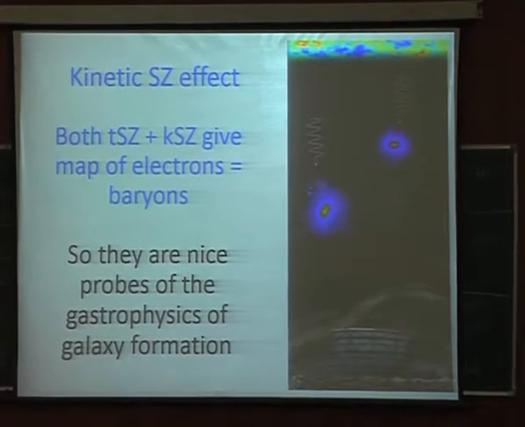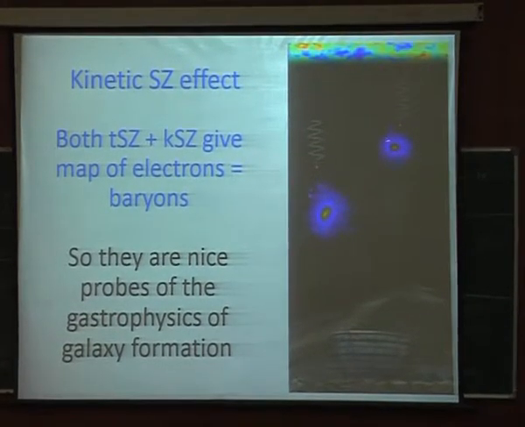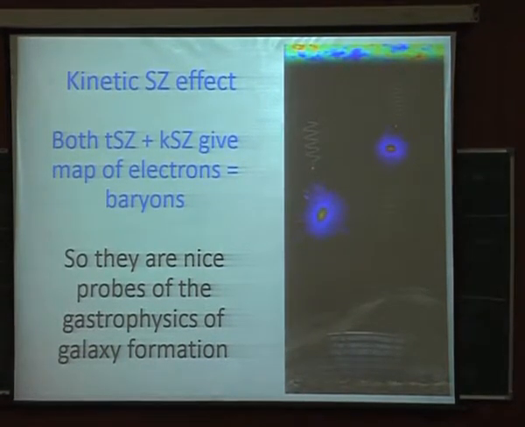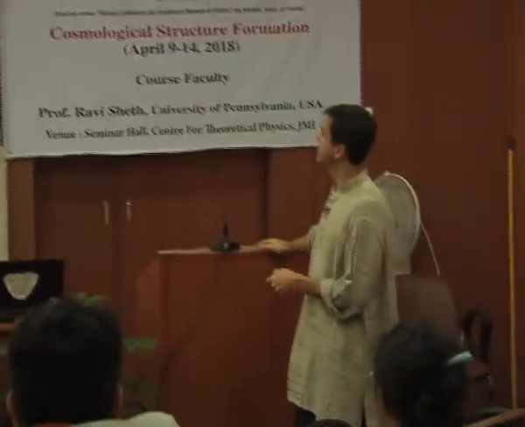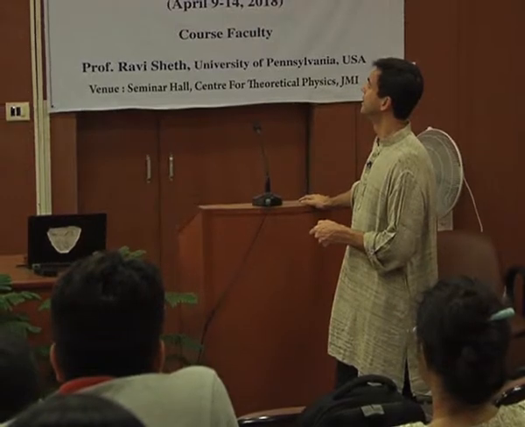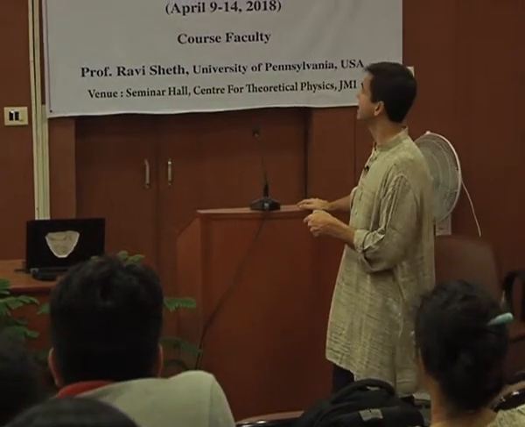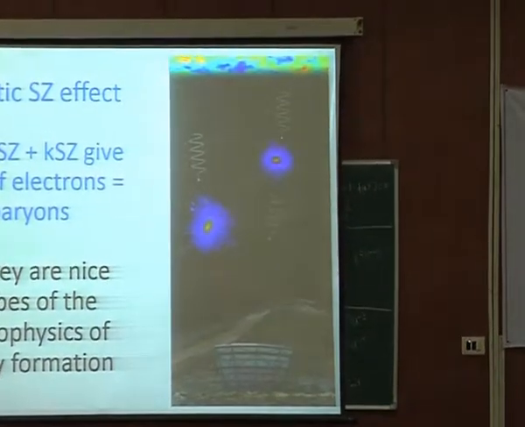Instead, people did a clever thing. They said, let me take a pair of clusters. This pair of clusters, they're probably moving towards each other. And so that means that probably this guy is going this way and this guy is going this way. And so I expect the SZ effect to be due to this velocity.